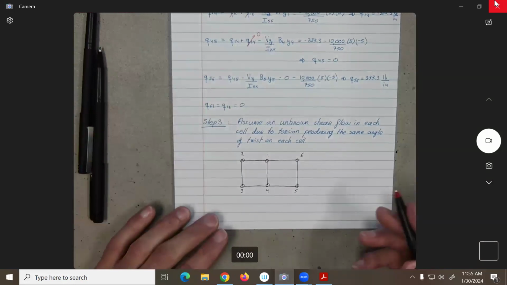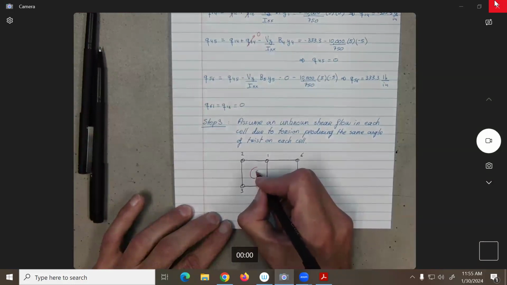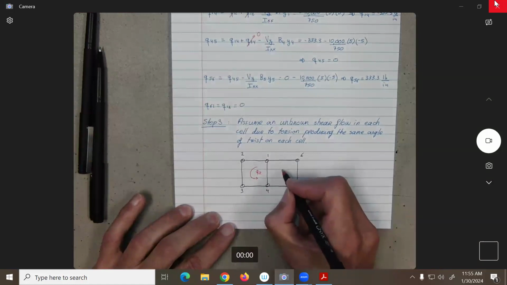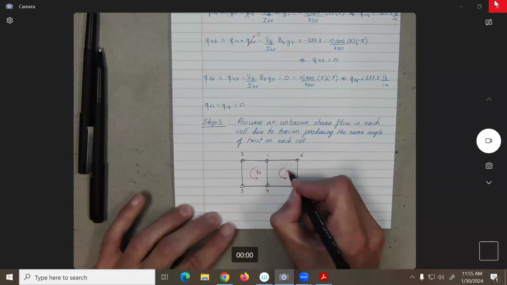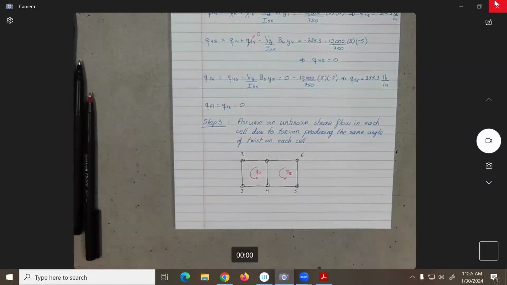So now what are we doing? Now we're going to assume some shear flows due to torsion, Q1 and Q2.